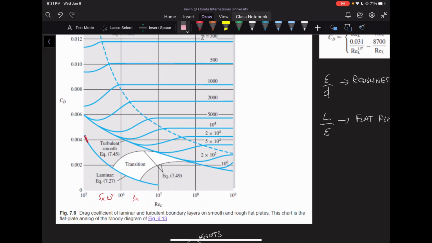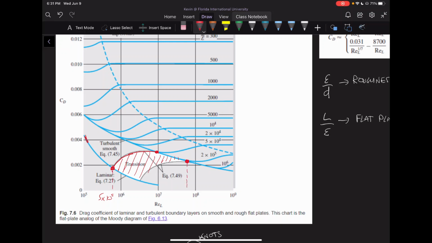We know that 5 times 10 to the 5 is this line right here. We see that our transition phase could end all the way to 8 times 10 to the 7. So we have this whole transition phase where the transition starts here, but could end all the way here.